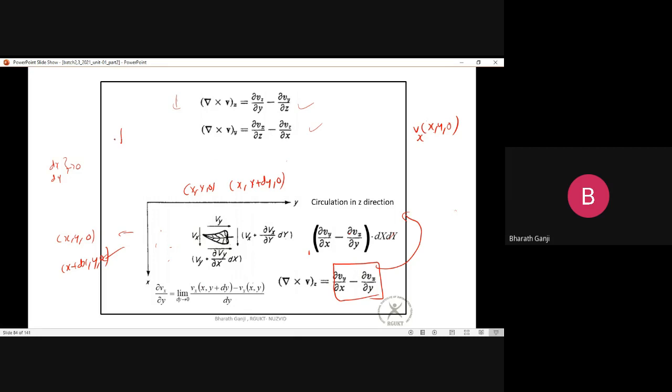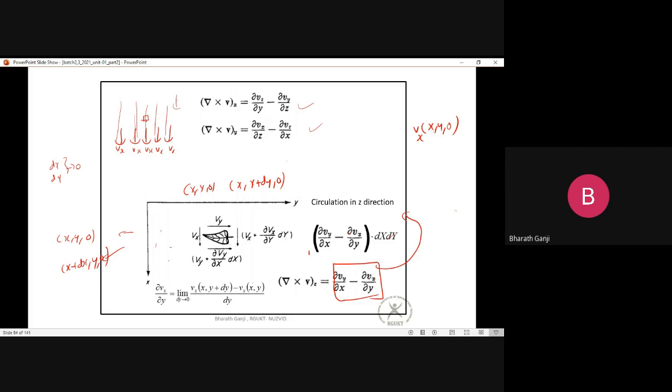In the x direction, if the field was like this everywhere, say for example the velocity doesn't have any y component, there is no water in the y direction, all the water is moving only in the x direction. In such a scenario, if you take a small area ds like this and ask me what is the circulation here, that is, how much circulation is there on a leaf, then I can see that there will not be any rotating effect here.